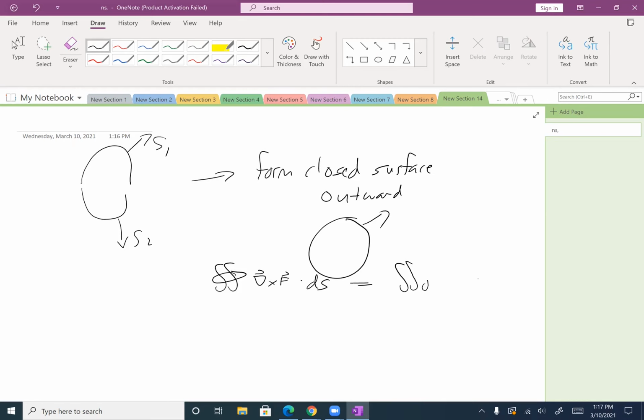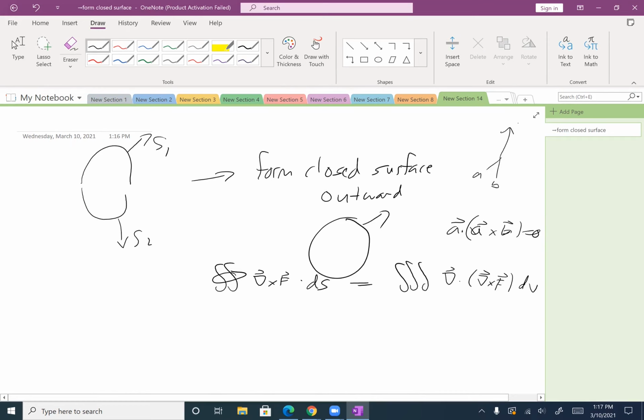It's the triple integral of the divergence of the curl. And if you take A dotted with its cross product, surely the product is orthogonal, so this should be 0.